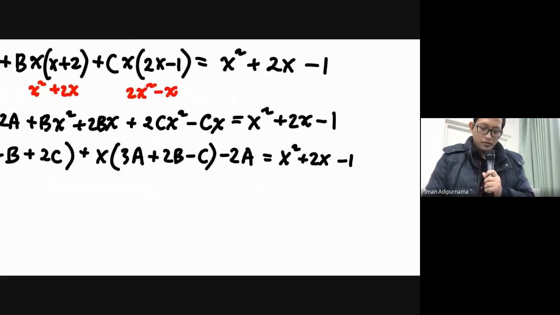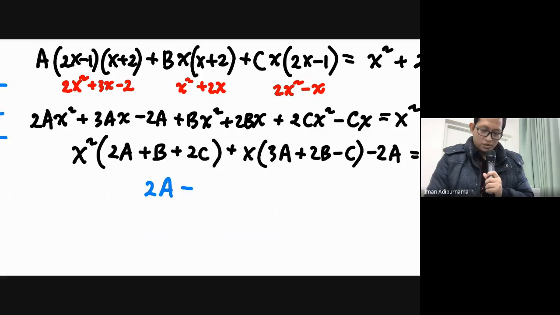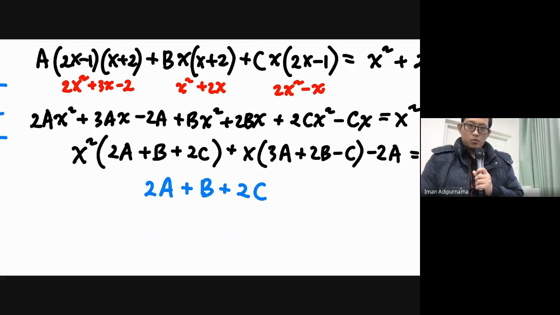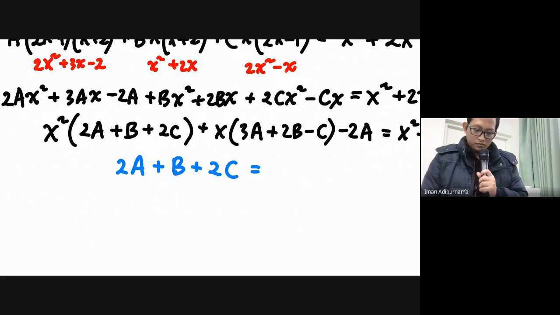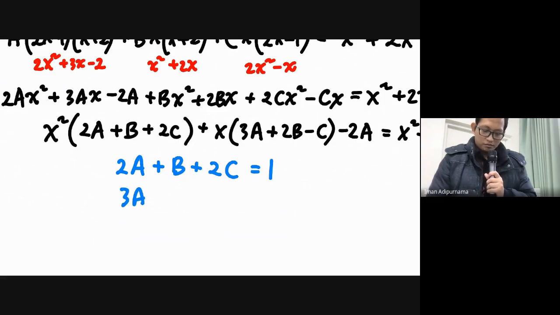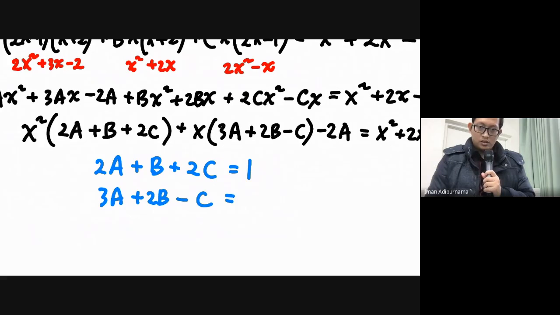Okay. Now we can write 2a plus b plus 2c is 1. Okay. The x squared is 1. And 3a plus 2b minus c is 2.